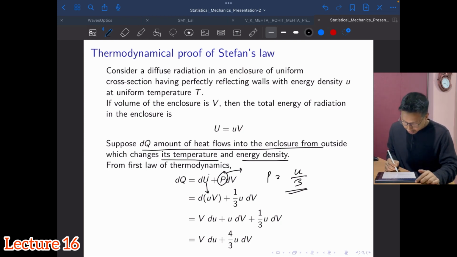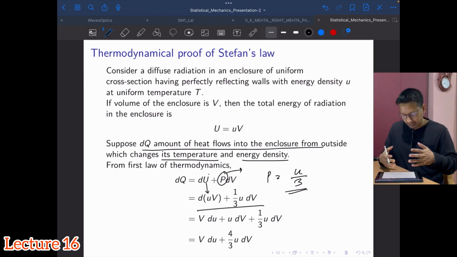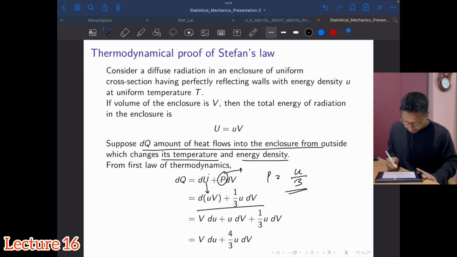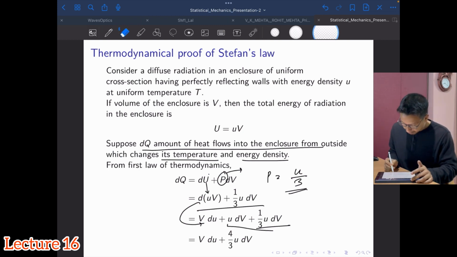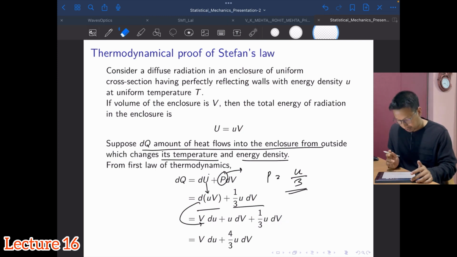So I have substituted this value here, and after this it is only simple mathematics. This will give you v du, and then using the chain rule, u dv. If you add these terms up, you will get 4/3 u dv.